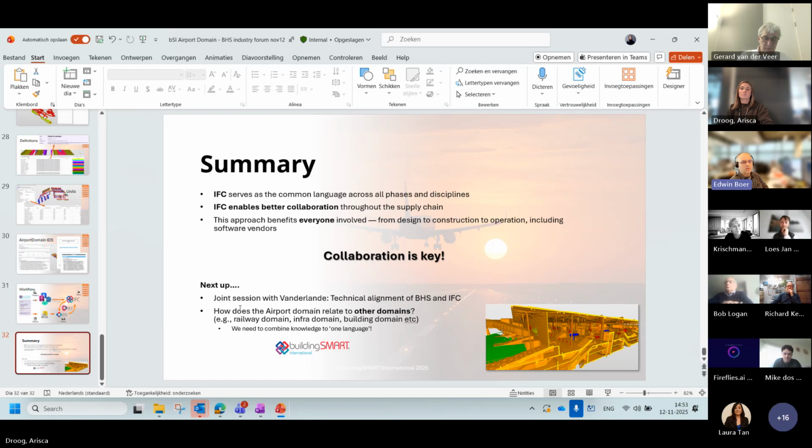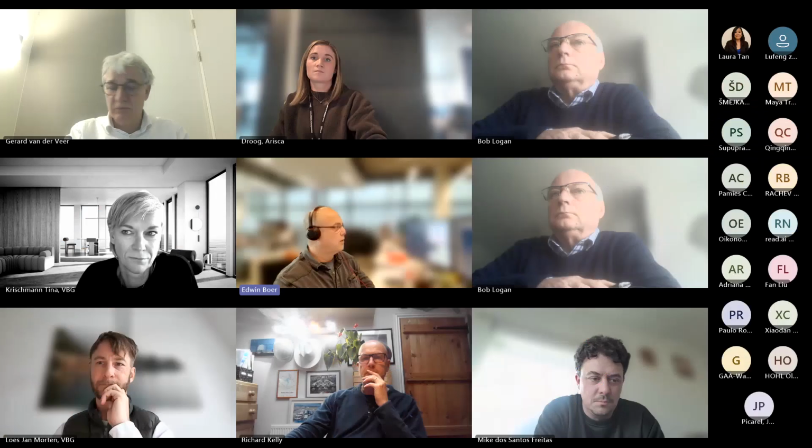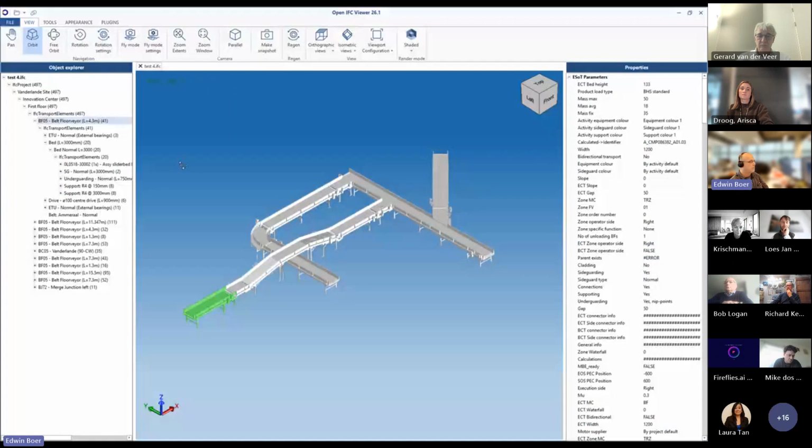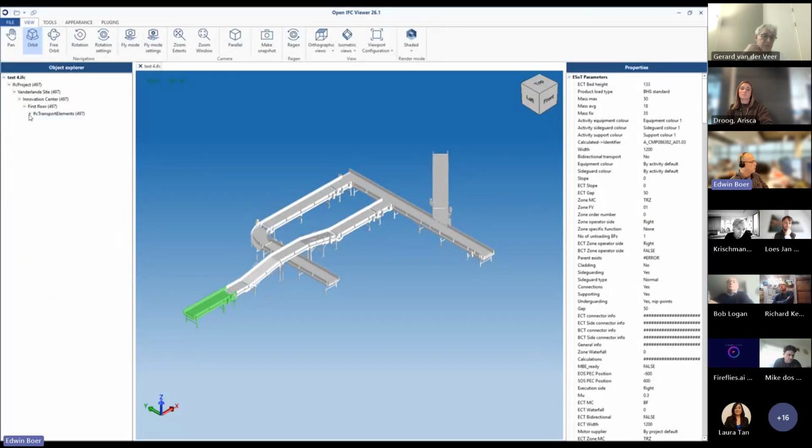And will just show you an IFC which we have created based upon our input files. Our input files are tool agnostic, so they're just a system definition in XML and a library in XML.